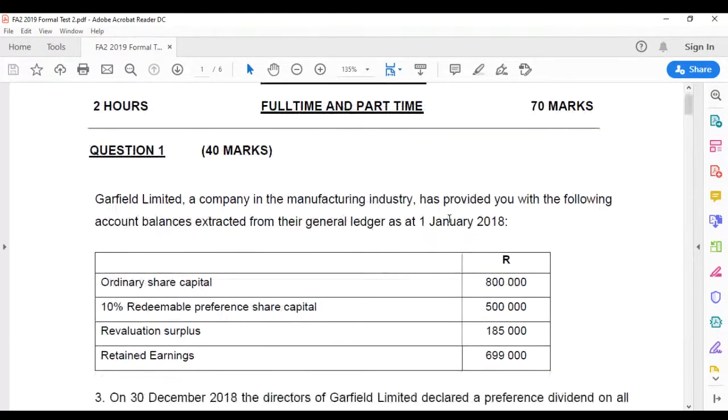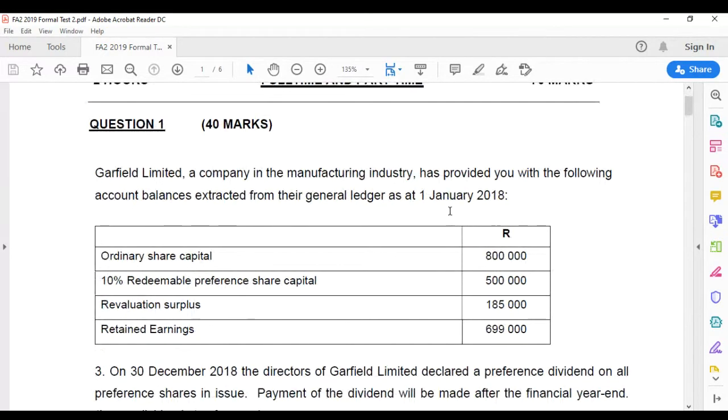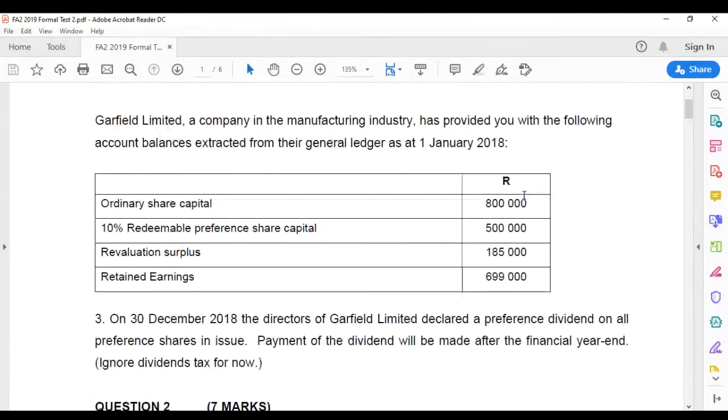So in question 1, they said Garfield Limited, a company in the manufacturing industry, has provided you with the following account balances extracted from their general ledger as at the 1st of January 2018. So we see there we had ordinary share capital. Remember, that is the 1st of January 2018. So that is clearly at the beginning of a financial year.